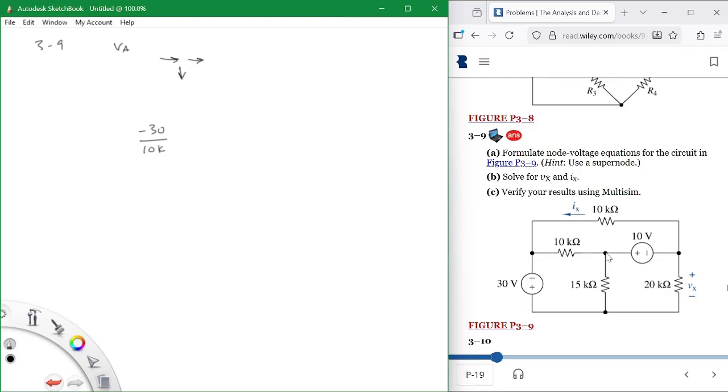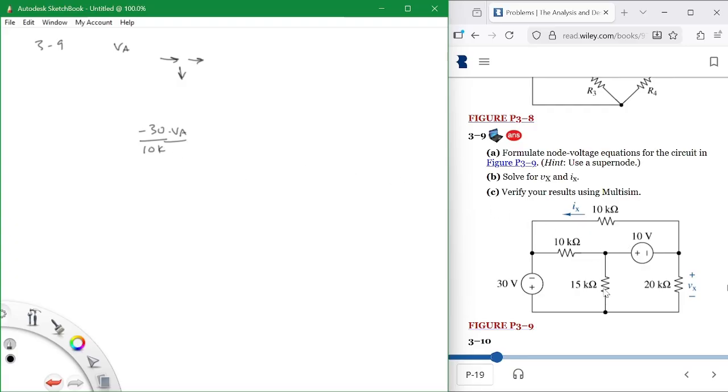Does everybody follow that? My current going in is this voltage minus VA, minus 30 minus VA over 10K.